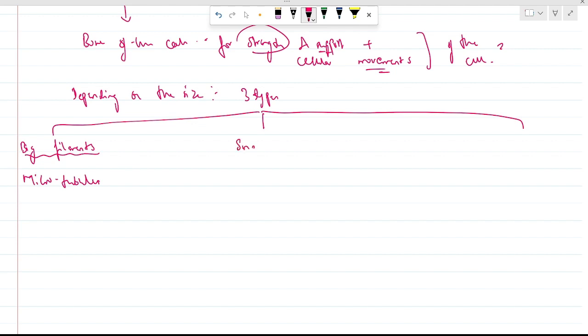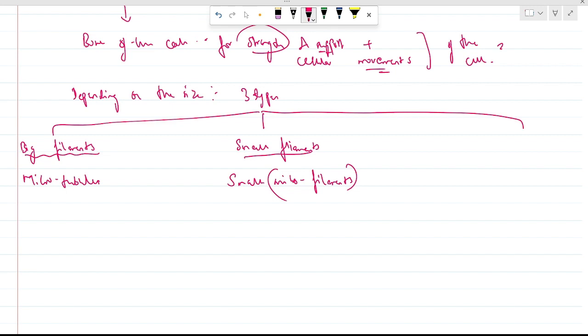Then there are the small filaments. Small filaments are called microfilaments, or simply microfilaments.